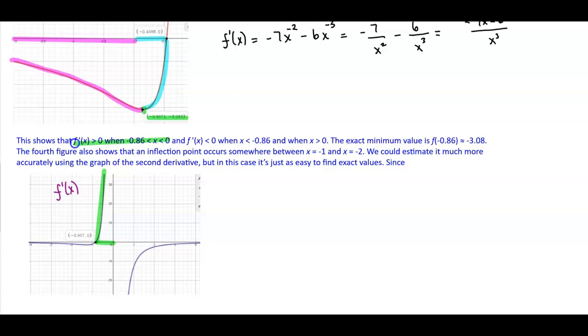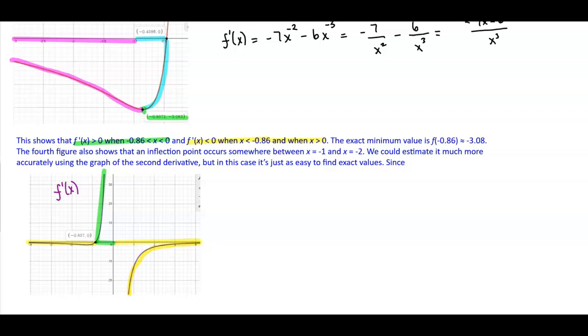And we see that the first derivative is going to be less than 0 when x is less than -0.86. So here we can see that it is less than 0, underneath the x-axis from there, and also it's going to be less than 0 when x is greater than 0. You can see here it's underneath the x-axis.